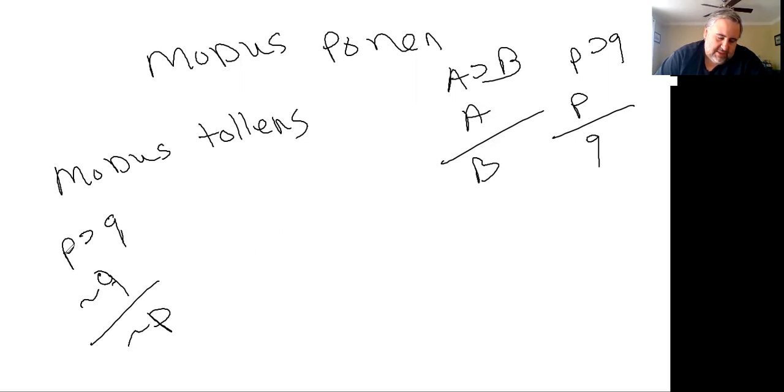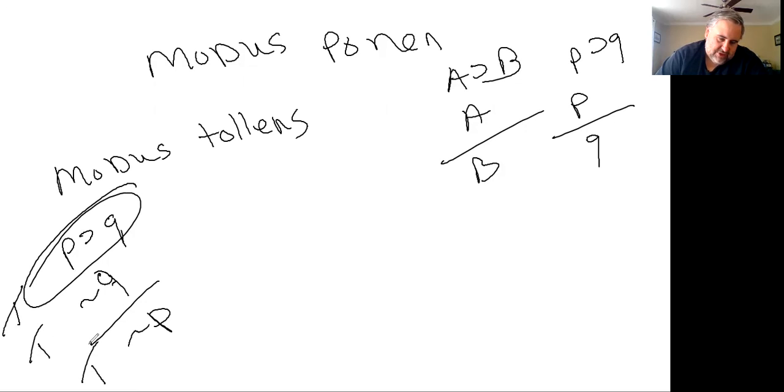So if Q is false, P has to be false, because if P was true, this would be a false statement. But we're saying this is a true statement, and we would get a contradiction if Q is false and P was not false. And since Q is not true, we know P is not true.